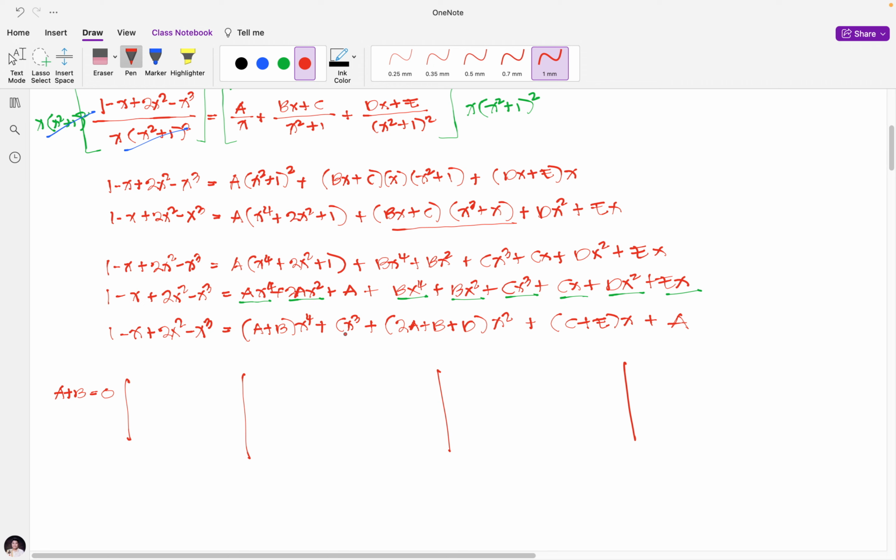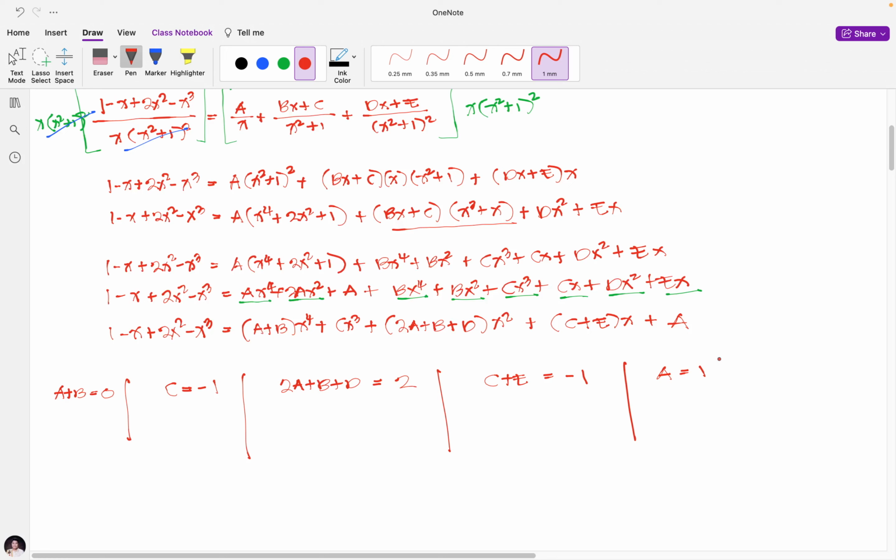So, degree 3, we have c is equal to negative 1. Next, sa degree 2, you have 2a plus b plus d equals 2. And we have c plus e equals negative 1 for x, and a is equal to 1.